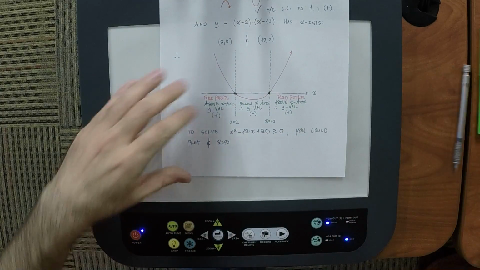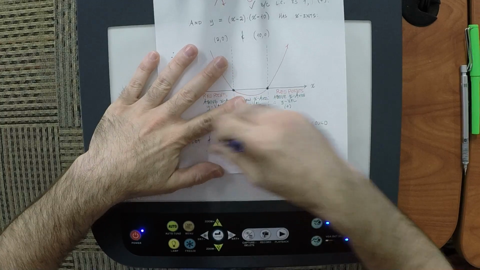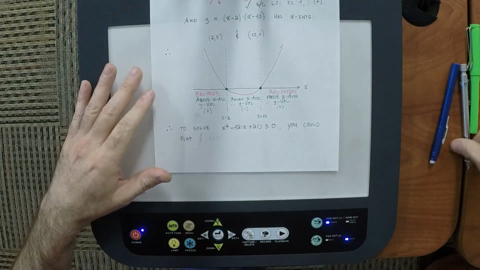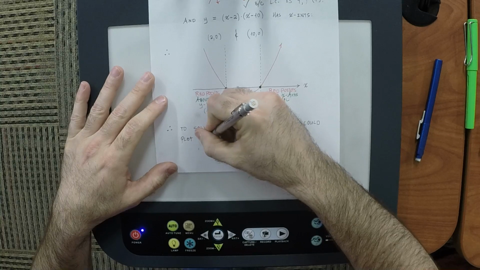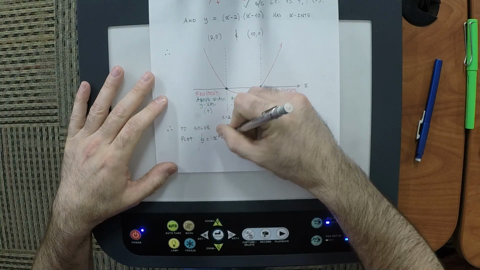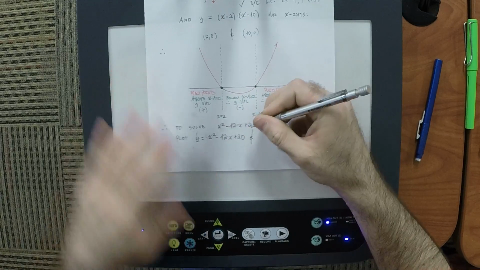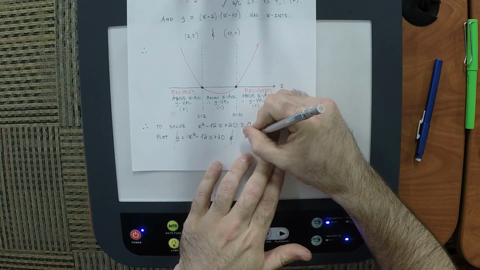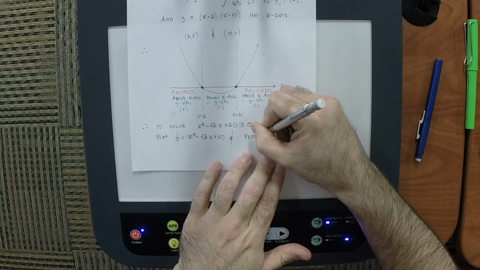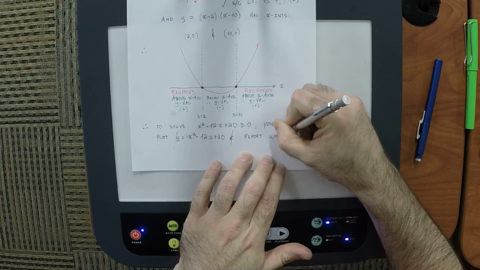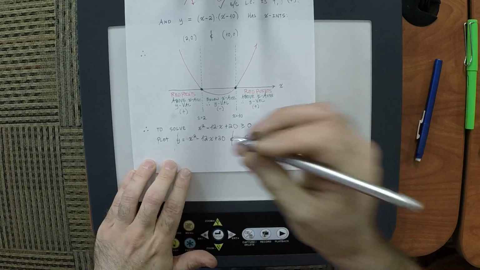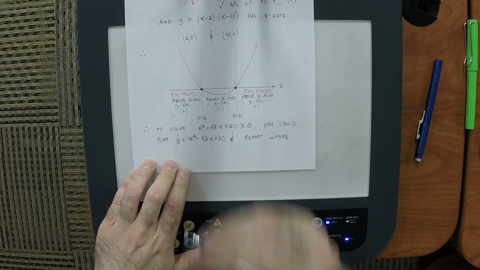Well, in particular, what I mean is you have to plot that quadratic, y is x squared minus 12x plus 20, and report where it's above the x-axis.